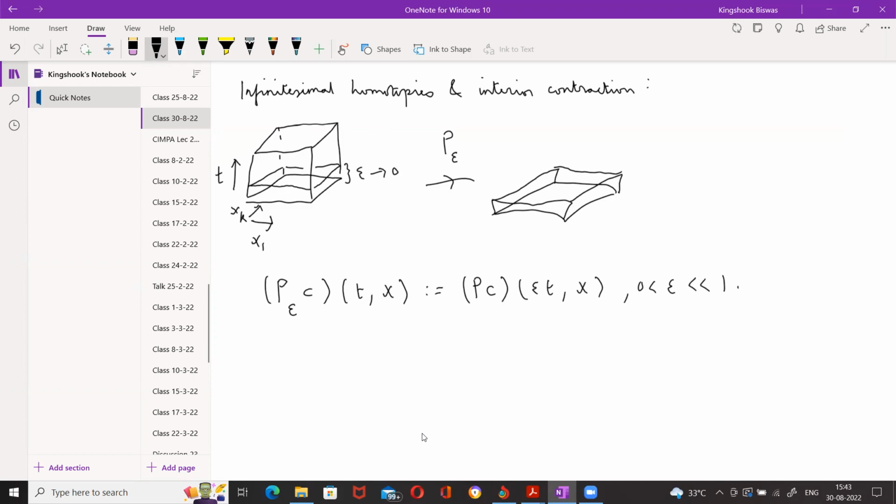So what happens when I flow for a small time if I integrate? Well, basically the vertical direction, infinitesimally, looks like a vector field along the k cube, right? So what's going to happen to the integral of omega along P epsilon C?